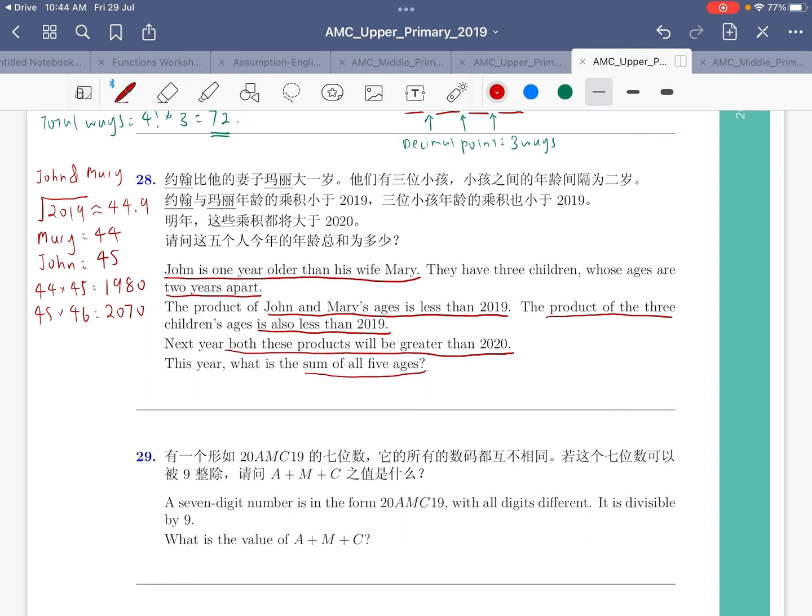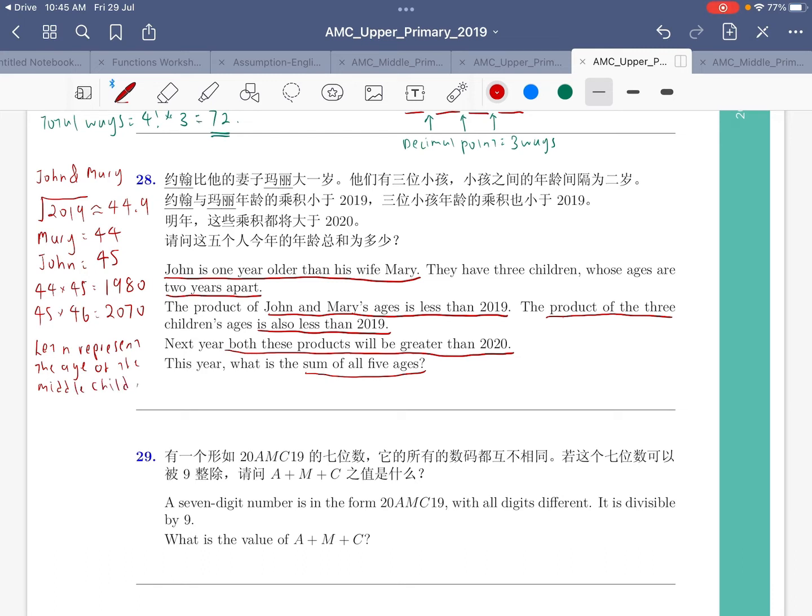So in the same fashion, let us move on to the children as well. So in this case over here, because we have 3 children, we are going to let n represent the age of the middle child, to simplify things.